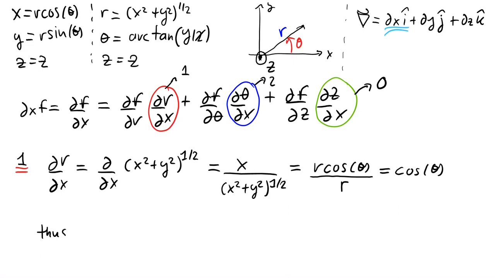Thus, we can conclude that the derivative of r with respect to x is the cosine of the angle theta.